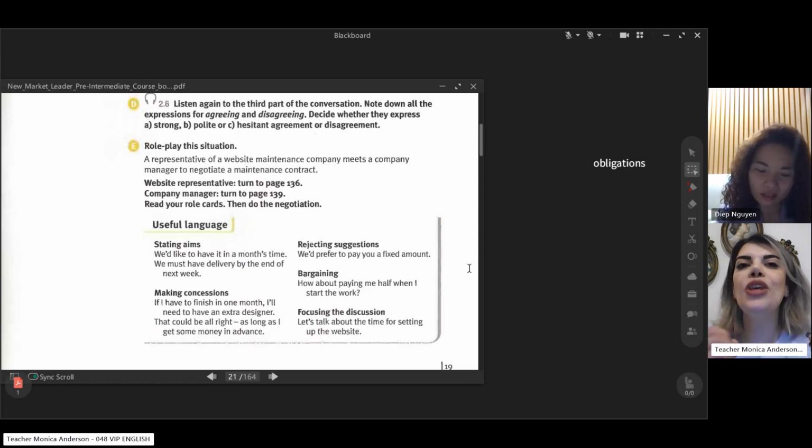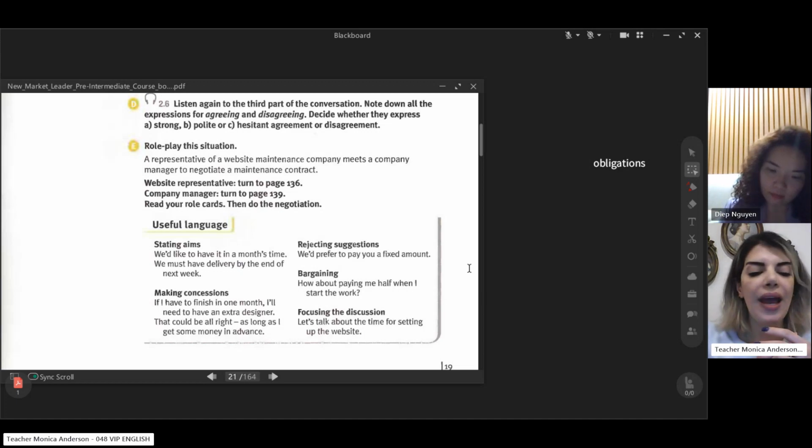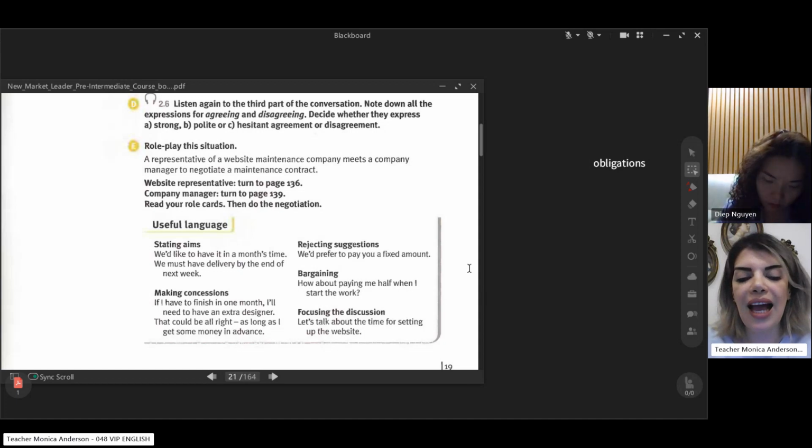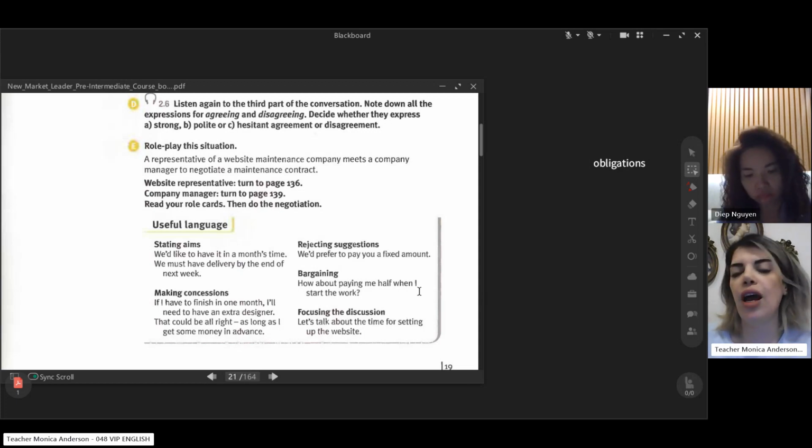Something when you're not sure, something like doubt, you have doubt, or something is uncertain. I don't know, I'm not sure, I don't think so. They are hesitant agreement or disagreement, for example. But when I say that sounds reasonable, it means agree and polite agreement. That sounds, yeah, of course.